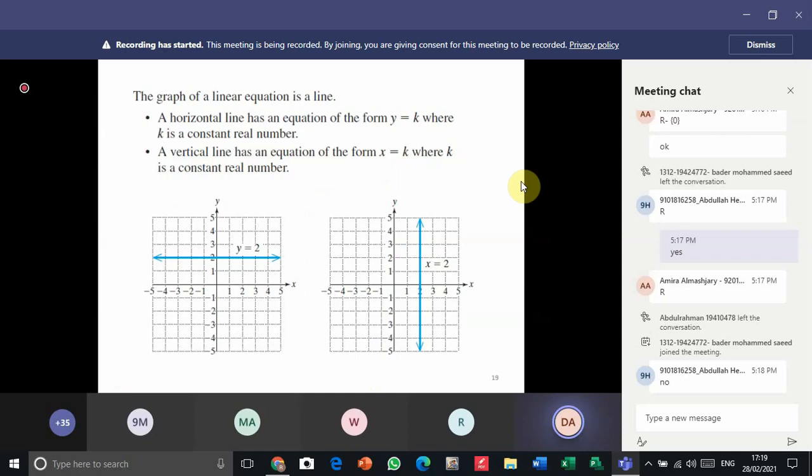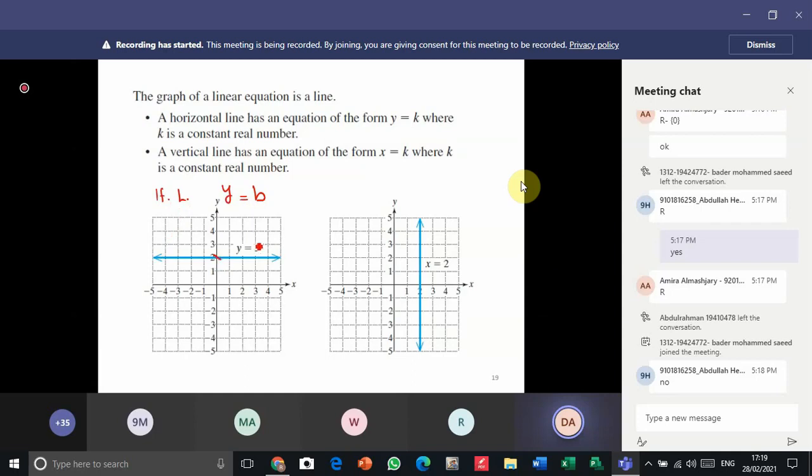We also have two cases of the line: a vertical line and a horizontal line. This is a horizontal line. It is always y equals b, for example, and this is the value of b.